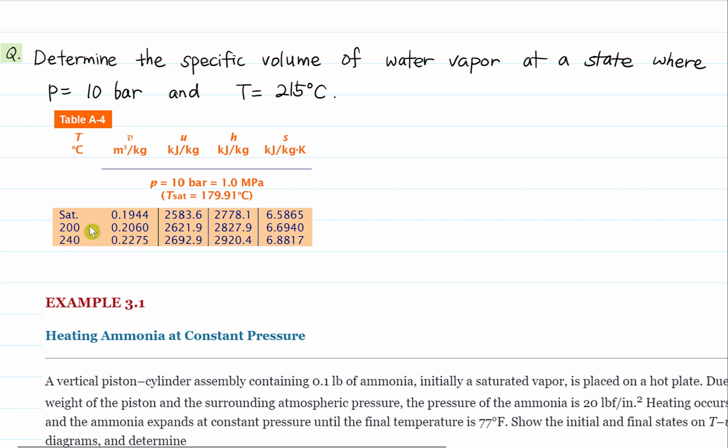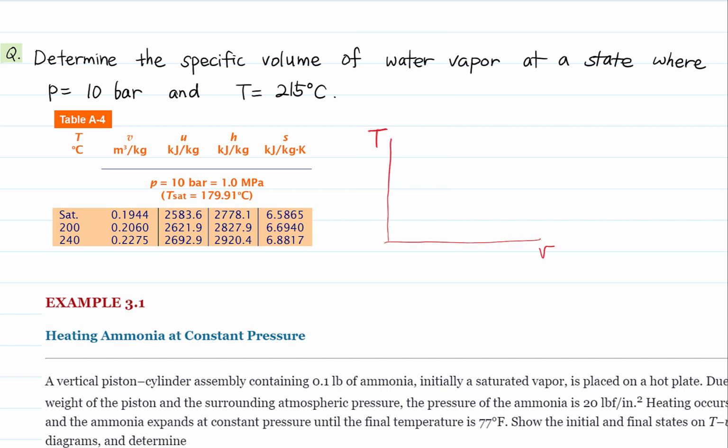Temperature 215 sits between 200 and 240 degrees Celsius, so we need to do linear interpolation to find the value at 215 degrees Celsius. Assume a linear relationship between the temperature and the specific volume. Y-axis is going to be temperature, x-axis specific volume.